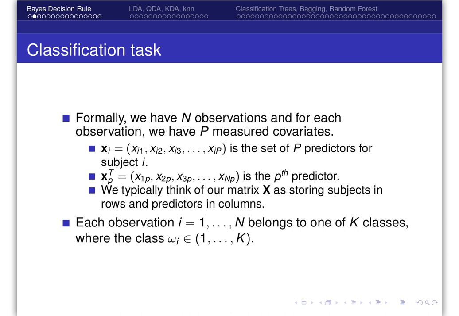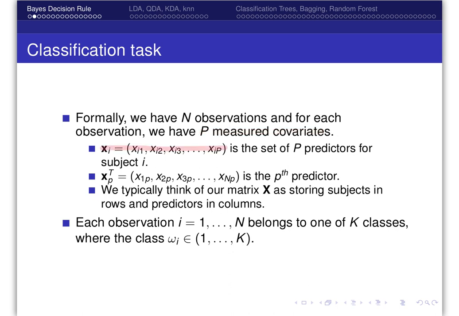We will start with the goal of predicting one of k classes. Therefore, our problem is one of classification. That is, how do we classify n observations to one of the k classes? To introduce some notation for our classification task, we have n observations, and for each observation, we have p measured covariates.